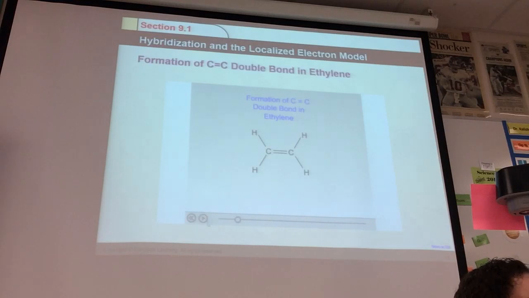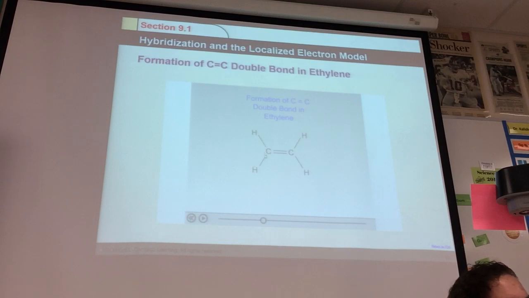We're looking at ethylene, and again, SP, SP2, or SP3? SP2, 3 electron groups. A sigma and a pi bond. An sp2 hybrid orbital on one CH2 and one CH.